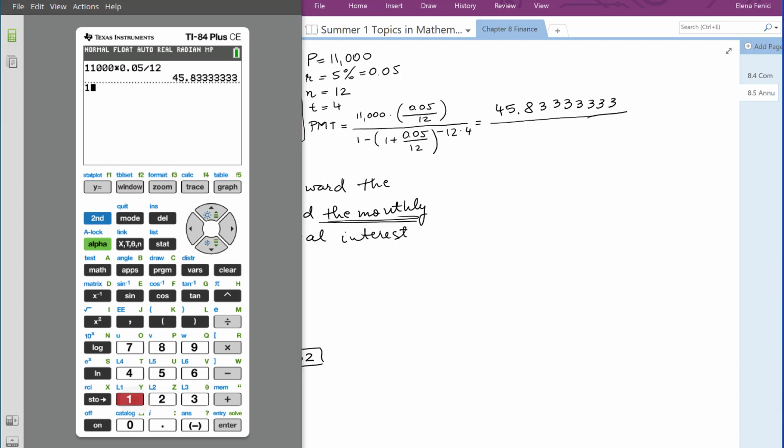So it's going to be 1, I'm going to calculate just that, minus, put parentheses, 1 plus 0.05 divided by 12, close parentheses, raised, you see this is the button for raised, to, well, negative, so be careful, there are 2 buttons, one is negative and one is minus.